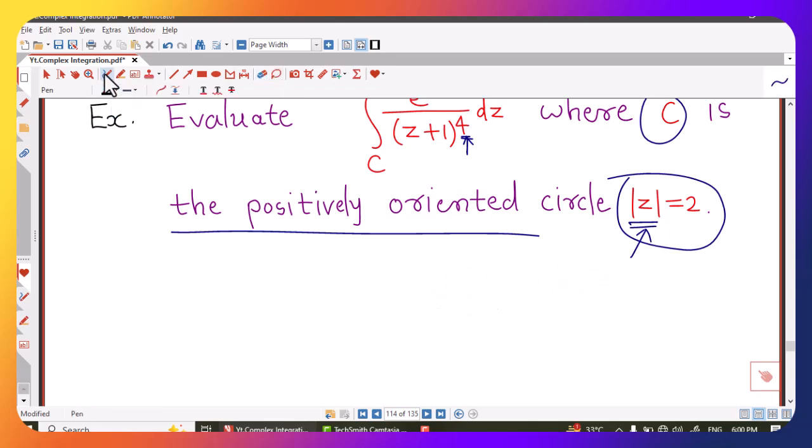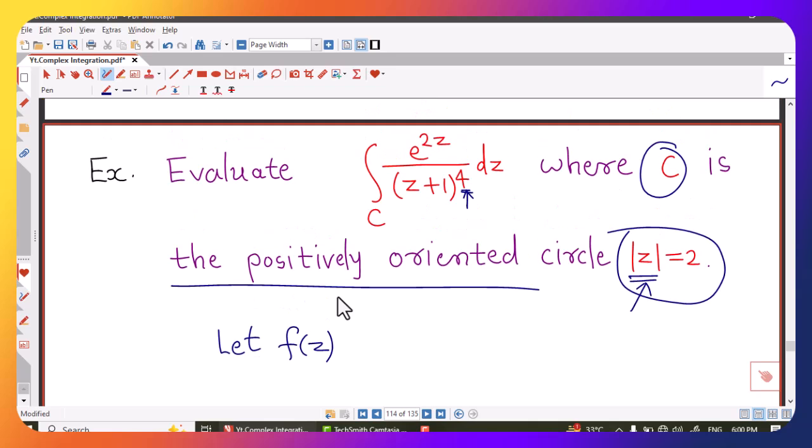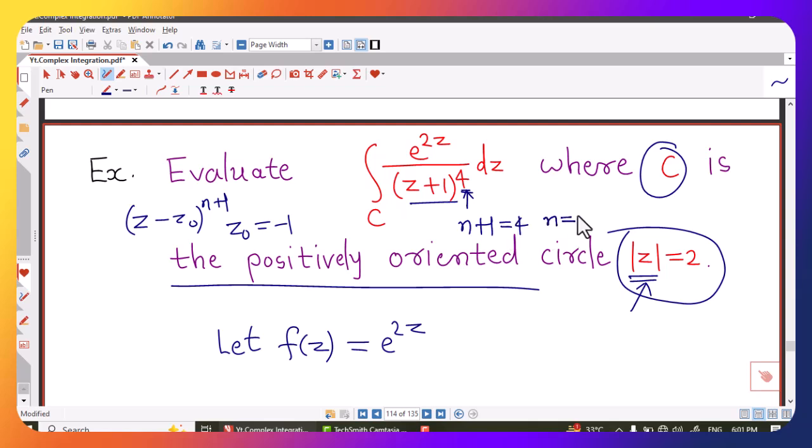So first we consider f of z equal to e raised to 2z, and if we compare this with z minus z0 to the power n plus 1, then we have z0 equal to minus 1 and n plus 1 equal to 4. So n equal to 4 minus 1, that is 3.